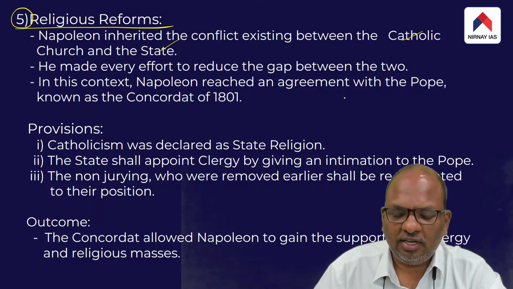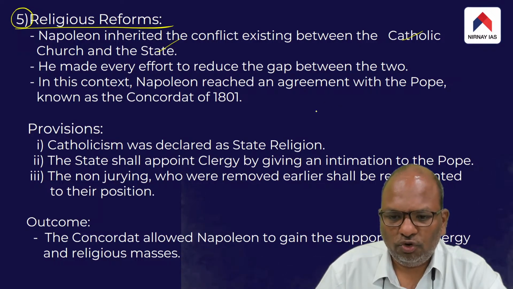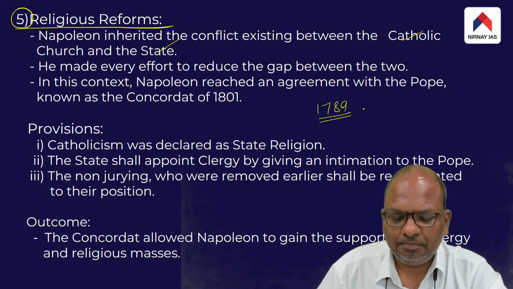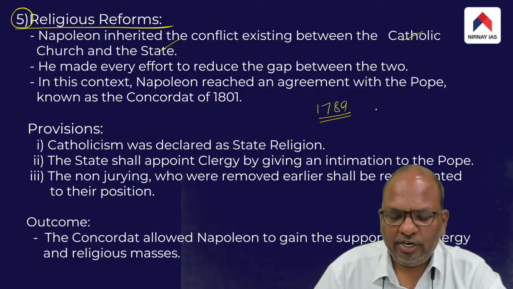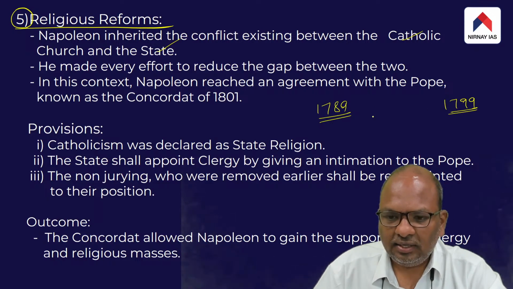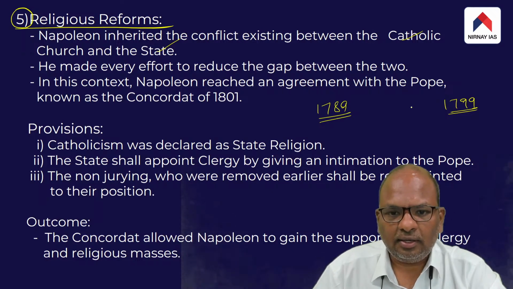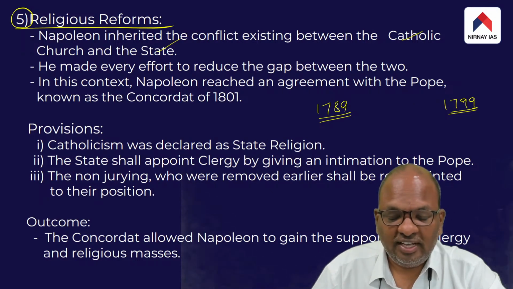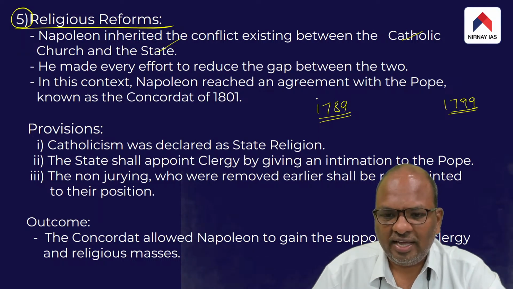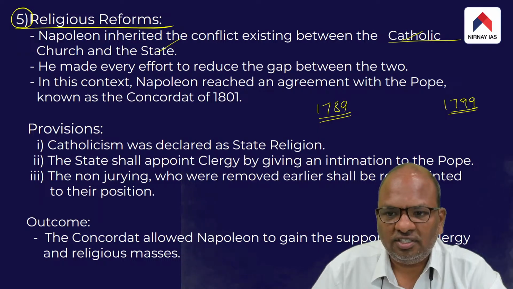This was because during the course of the French Revolution, which broke out in 1789, and thereafter till 1799, the various governments of France took extreme steps against the Catholic Church.